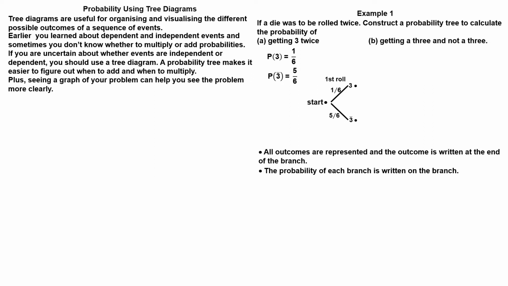We have to extend the tree diagram to the second row, and we repeat the procedure. From each possible outcome, we have to draw two branches. The outcome is written at the end of the branch.